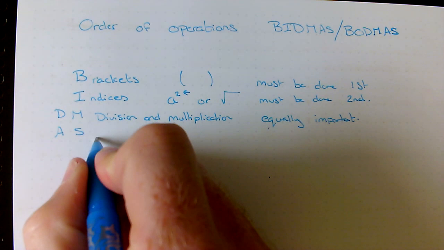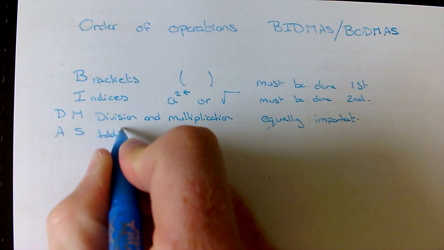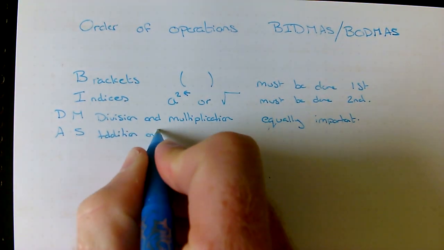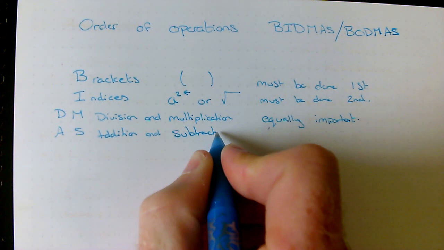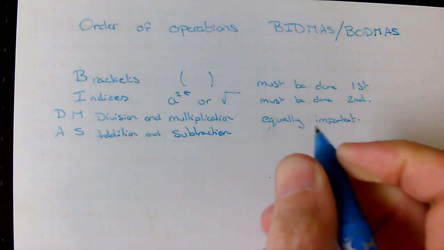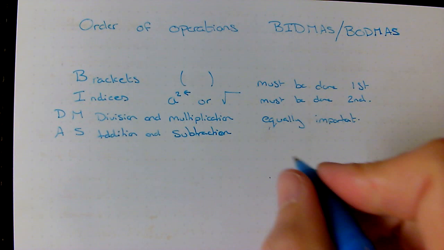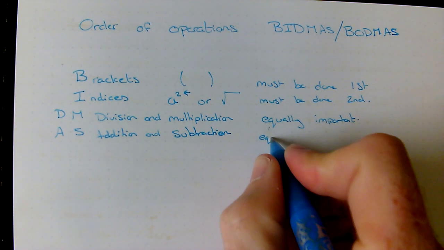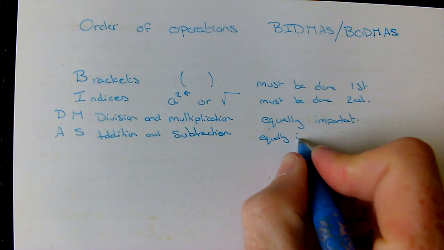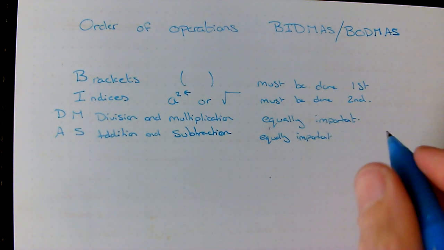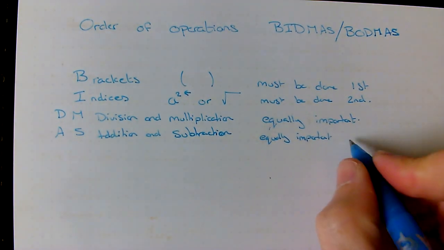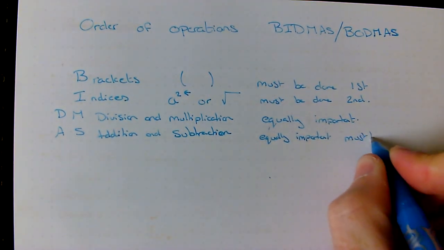The A and the S, they are addition and subtraction, the last parts. Addition and subtraction, and again equally important. But what I am going to say is they must be done left to right.